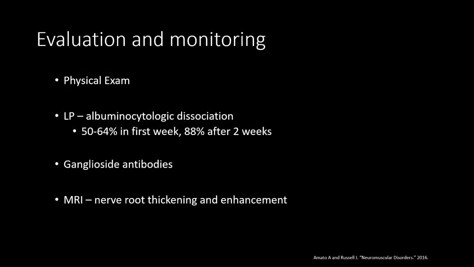Most patients will start to exhibit this albuminocytologic dissociation within the first week, but you can miss it if patients present early on, but 88% will have this finding after 2 weeks. And so I would argue that it's definitely worth doing as soon as possible.